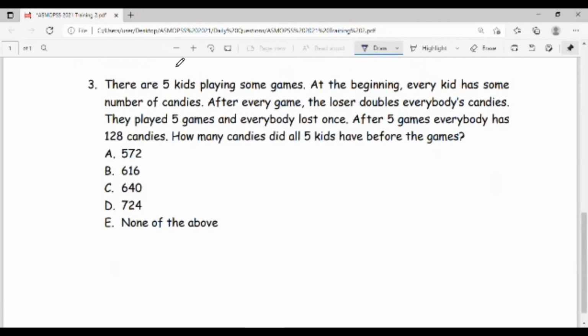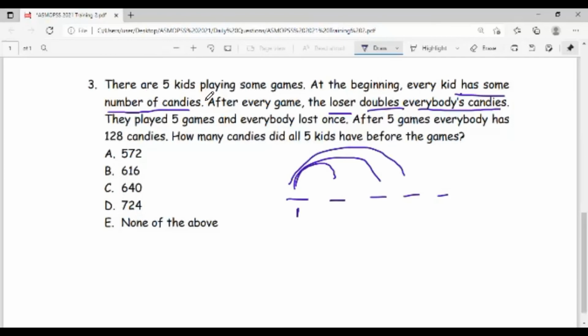Now, the key here is that it says in the beginning, every kid has some number of candies, and after every game, the loser doubles everybody's candy. So what it means is that the number of candies just goes around the 5 kids. Let's say there are 5 kids, and the first player here loses, and then he will double everybody's candies.